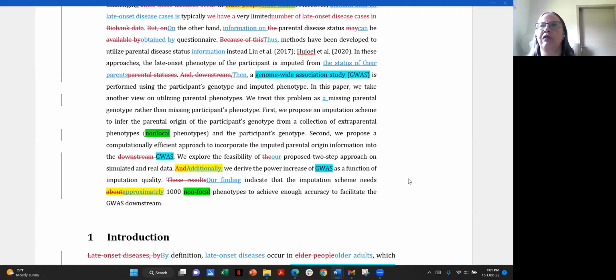Another case of informal words, they've said that the imputation scheme needs about 100 phenotypes. Instead of about, a much better, more scientific, formal word would be approximately. That's quite a common error that I find when I'm editing, and I would change that throughout the document.